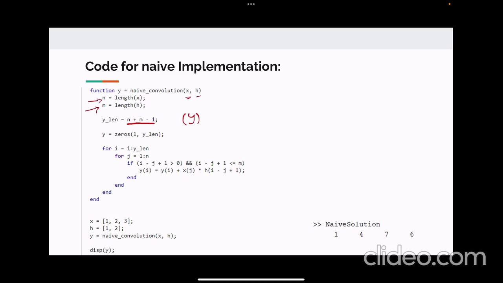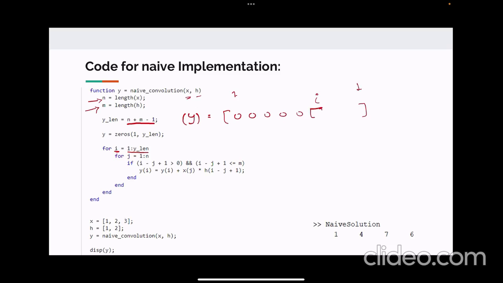So essentially a convolution signal will have a length equal to the sum of both of these signal lengths. We'll first populate y with zeros, and then for each index i of y, we iterate i from 1 to the end of the array.